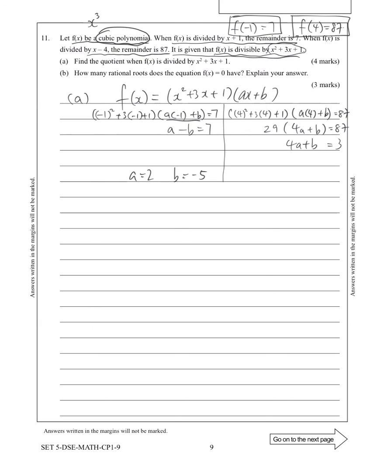And for that reason, the quotient, which is actually this part, is equal to 2x minus 5. That's it. And then in part B, they're asking us to solve the equation f(x) equals 0. And f(x) is actually looking like so now.